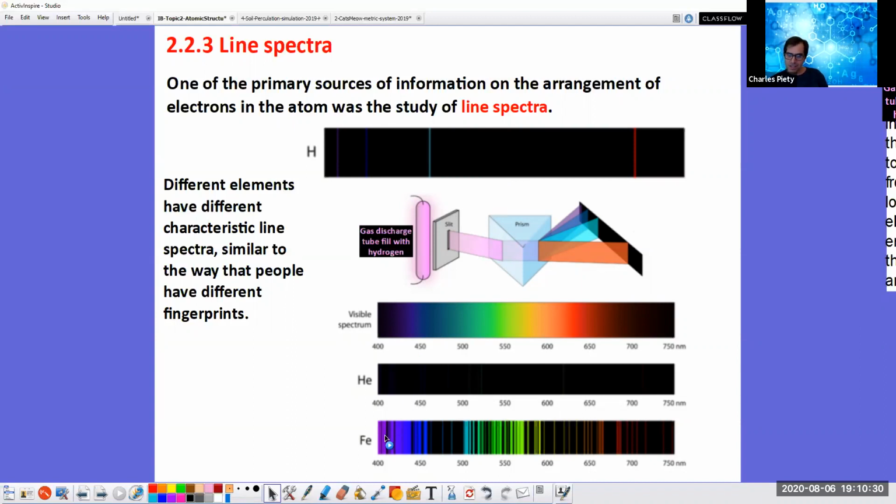And this is helium, a little bit hard to see on my screen, but there's more lines here. And this is iron, which has many, many, many more lines. It's much more complex. Pause the video for a second and try to answer for yourself, why might that be that this is way more complex than hydrogen or helium?